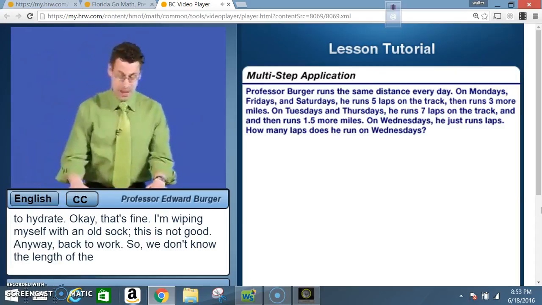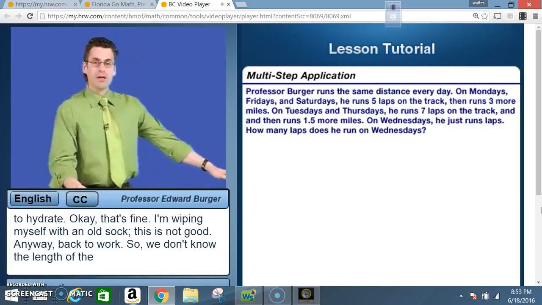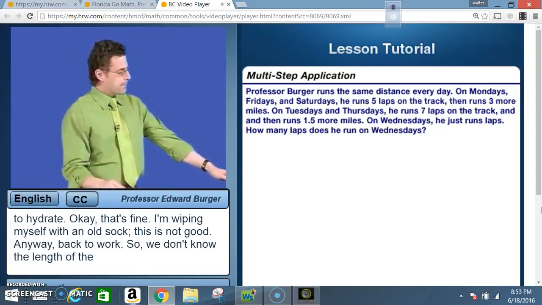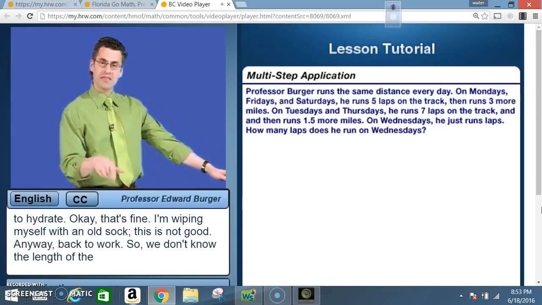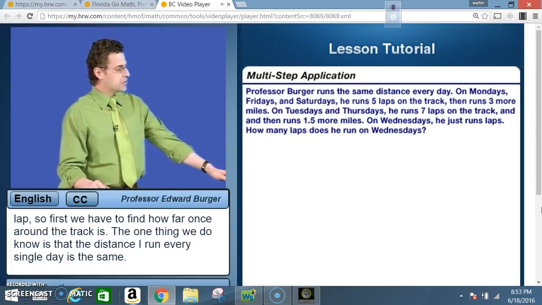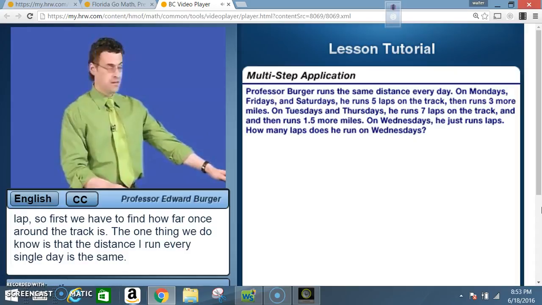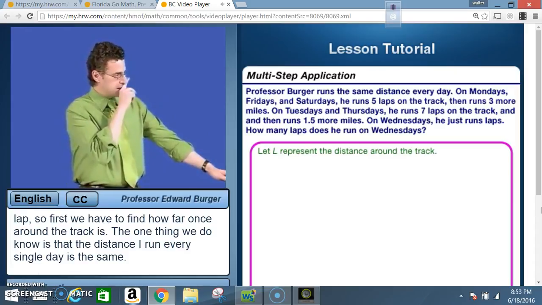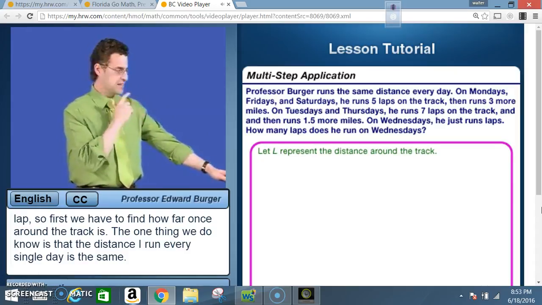All right, anyway, back to work. So, we don't know the length of the lap. So we've got to first of all find how far once around the track is. Now, the one thing we do know is that the distance I run every single day is the same.